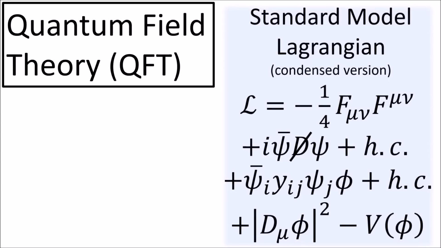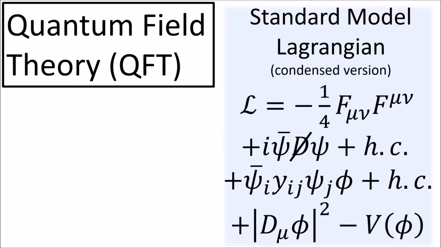The study of these fields is called quantum field theory, or QFT, and the interactions between these various fields are modeled by an enormous formula called the Standard Model Lagrangian. Any terms in this formula that contain a pair of fields represent an interaction between those fields.